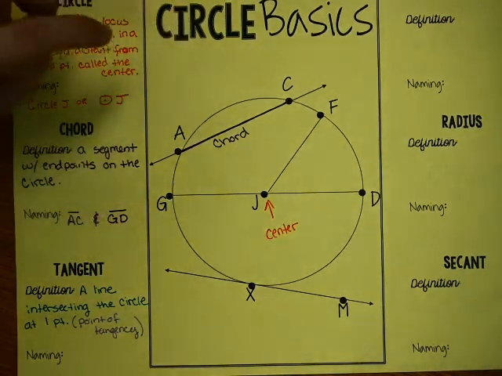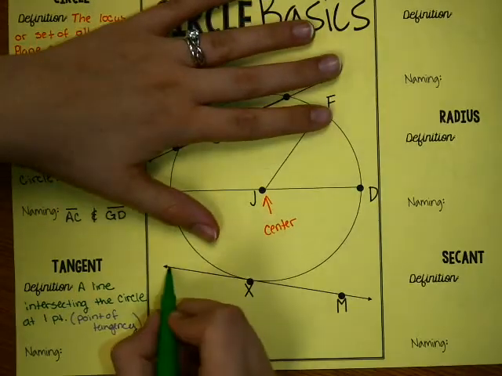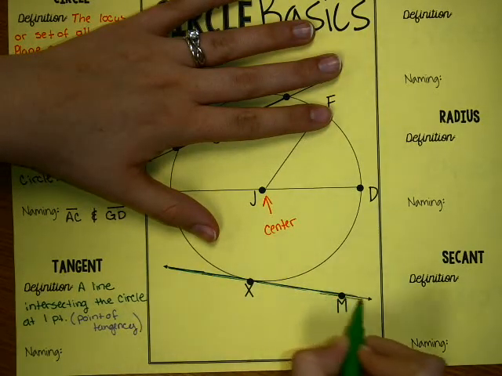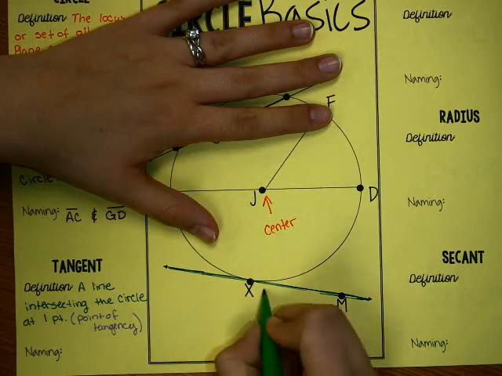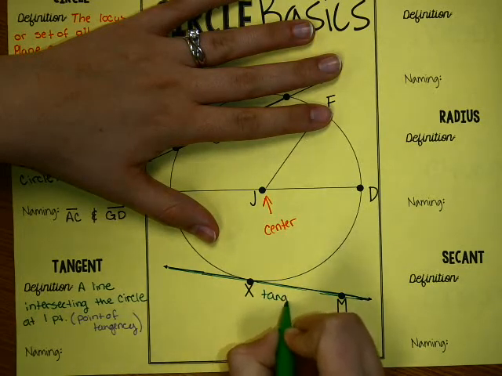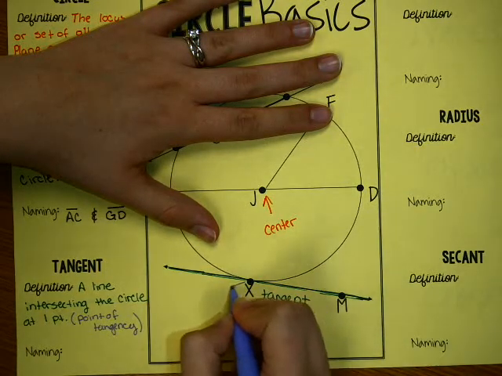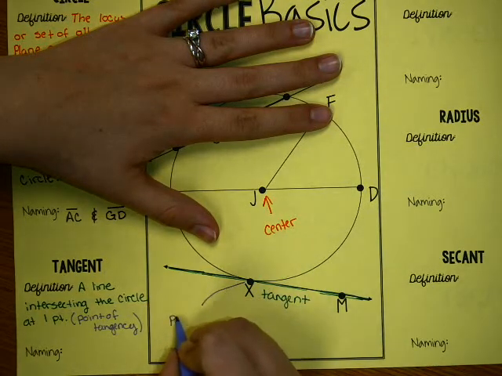So on our picture, the tangent line would be this one because it intersects the circle at one point. So here's the tangent. And X would be the point of tangency.